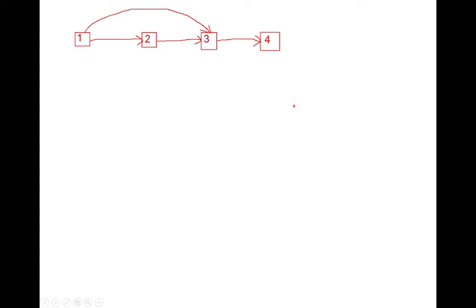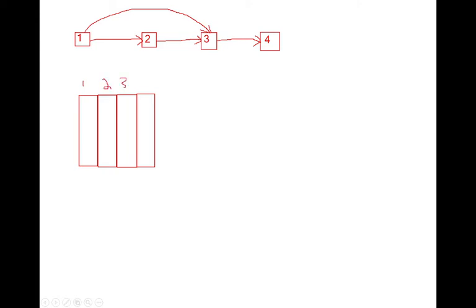Now let me draw the adjacency matrix here as well: 1, 2, 3 and 4 for the rows, and 1, 2, 3 and 4 for the columns.